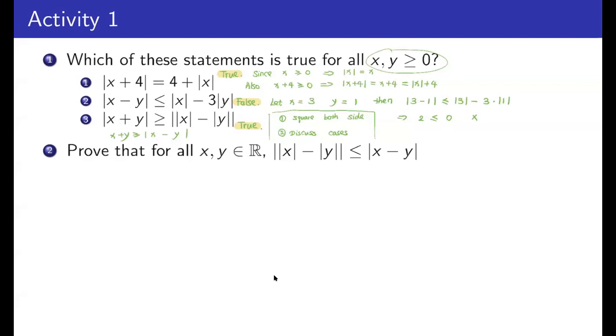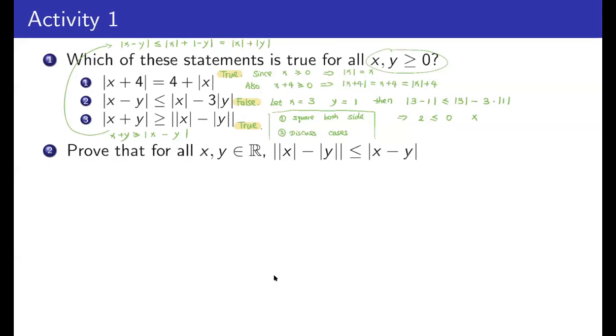Okay, so by triangle inequality, that will give you this is less than or equal to this, which equals this.